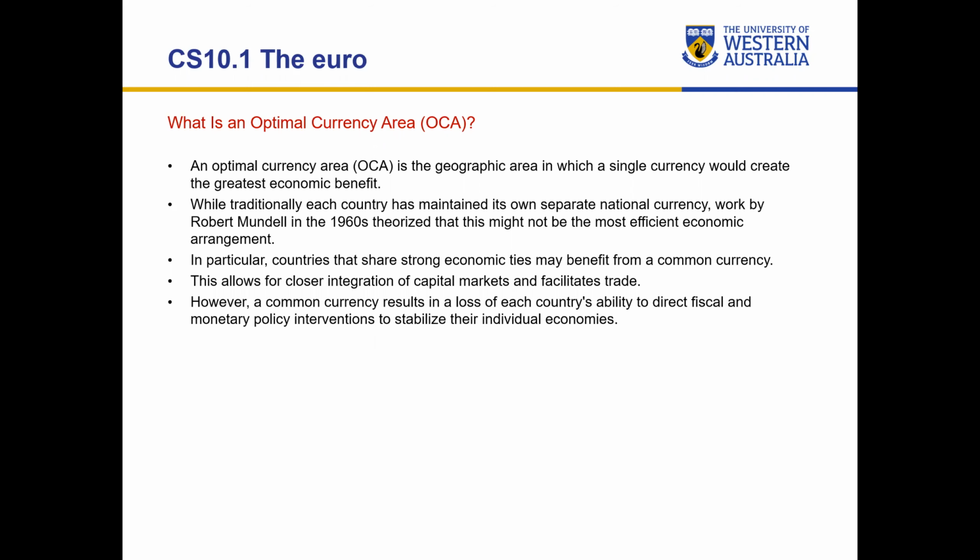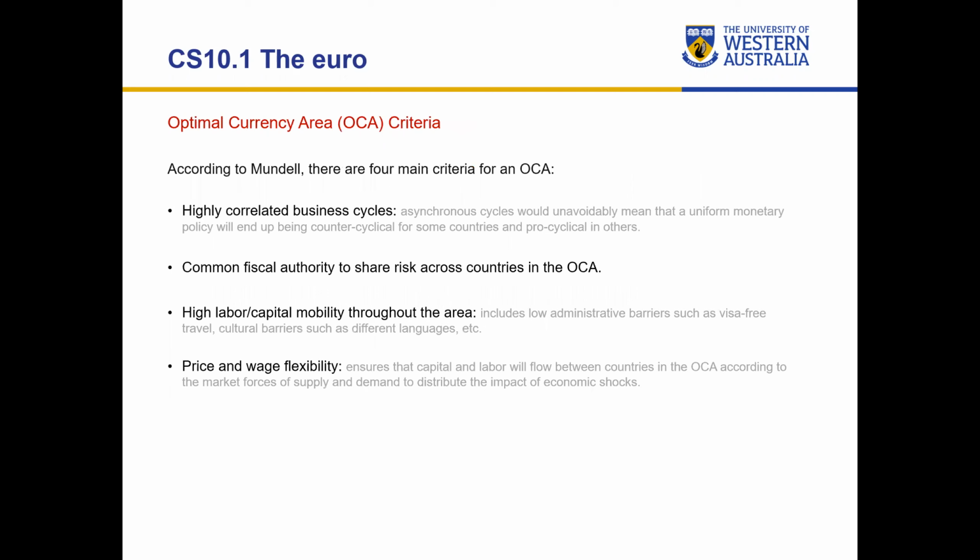the 1960s put forward. And so what are the conditions, or the criteria, I've called them, for an optimal currency area? So I'm going to go through these four and explain to you what they are and why they're required. But remember what we're doing here.